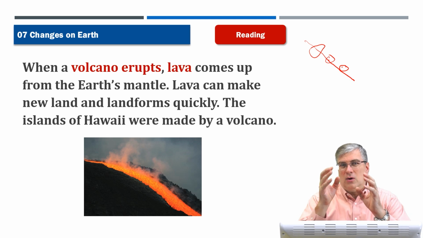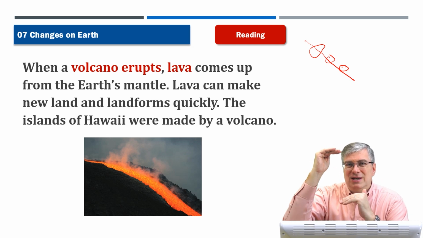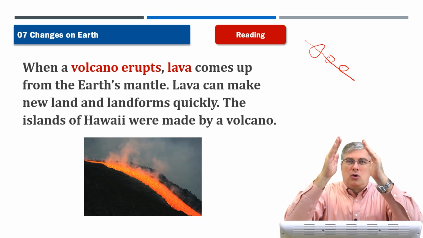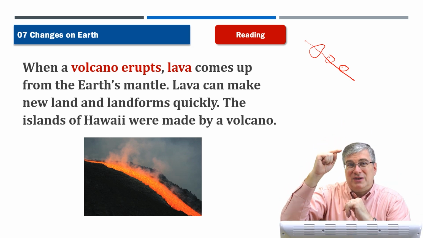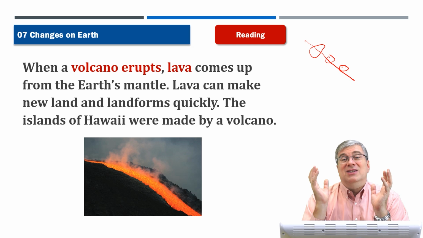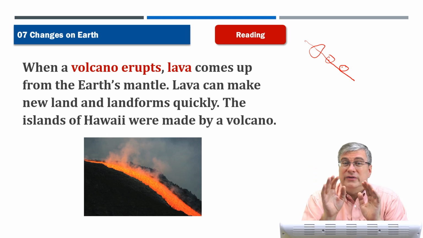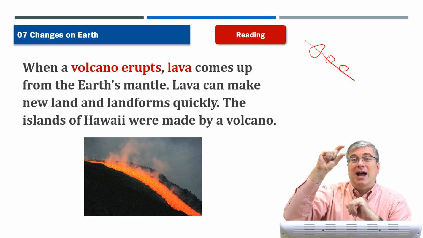There's a volcano at the bottom of the Pacific Ocean. The Pacific Ocean is very deep. So for a volcano to grow and grow and grow to come up above the surface of the Pacific Ocean, that is a very, very huge mountain. And we don't see all of it. We just see the top of it, and those are the islands of Hawaii.